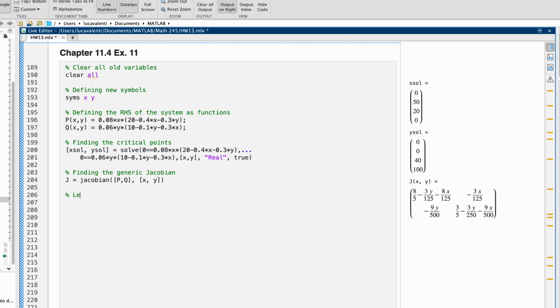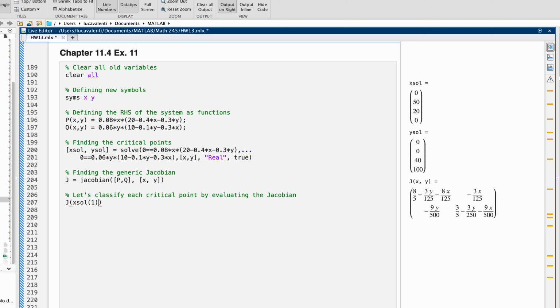Now let's classify each critical point, or attempt to do so, by evaluating the Jacobian. I wonder if I just put J of X, Y, if that'll do it without using the subs command.